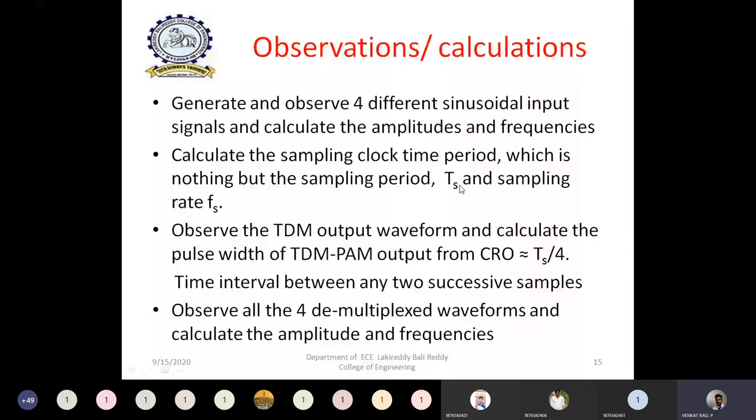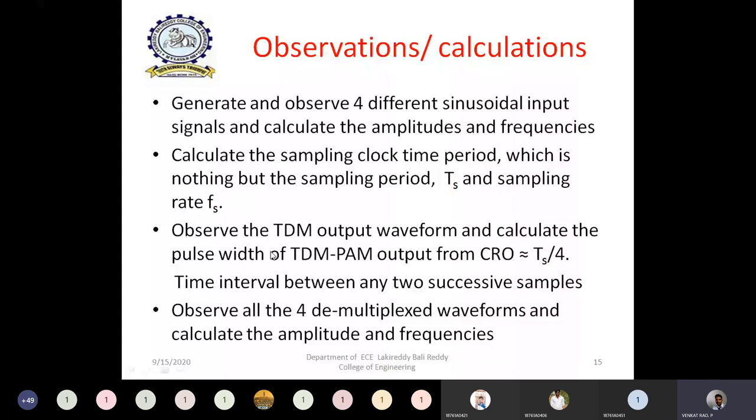After calculating TS and FS, you must check whether the sampling condition is satisfied or not. That means whether FS is greater than 2 FM. For all the input signal frequencies, you must verify whether the sampling condition, FS greater than 2 FM, is satisfied. After verification only, you must do other calculations.